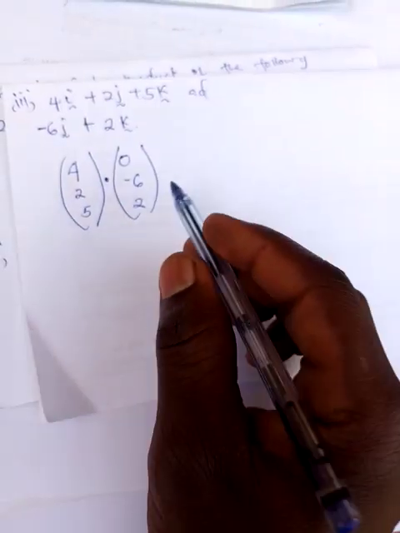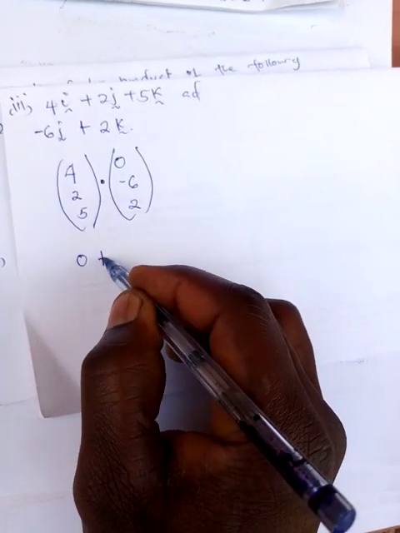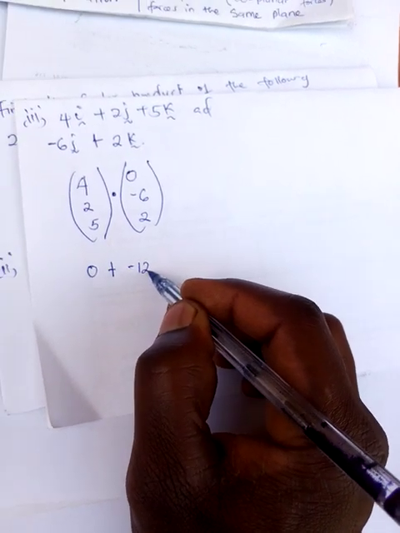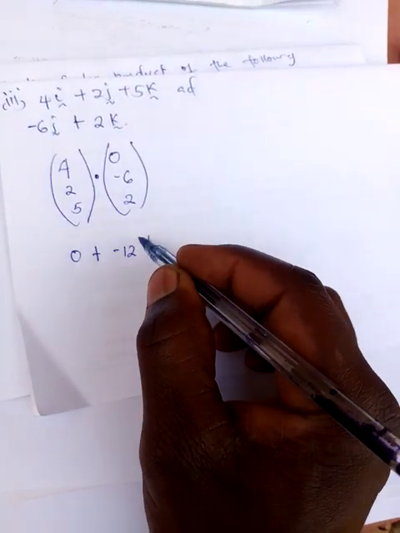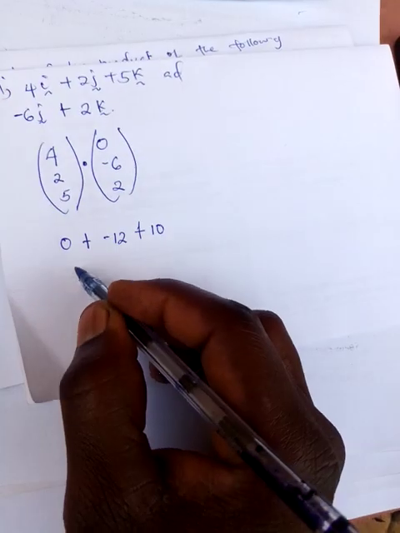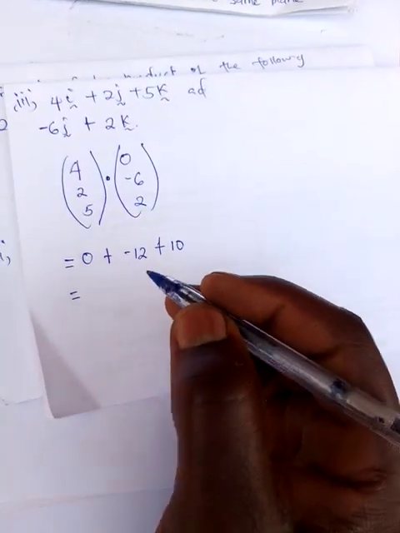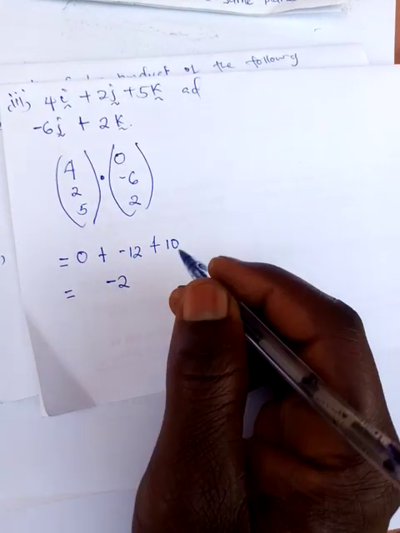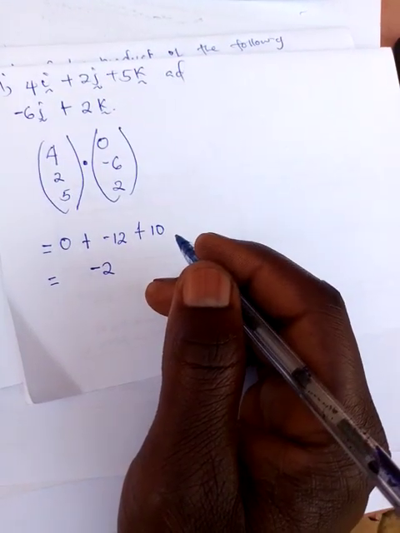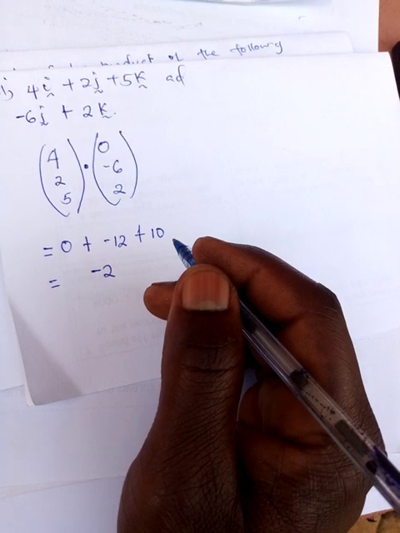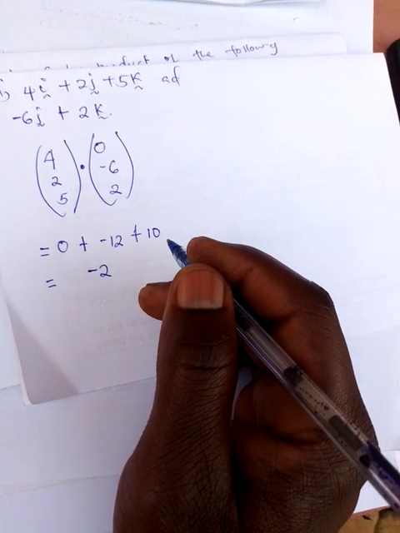When you dot this, you get 0 plus negative 12 plus 10, and the answer will be negative 2.